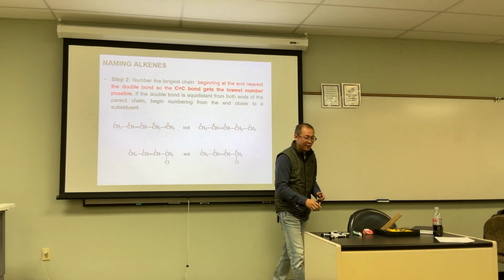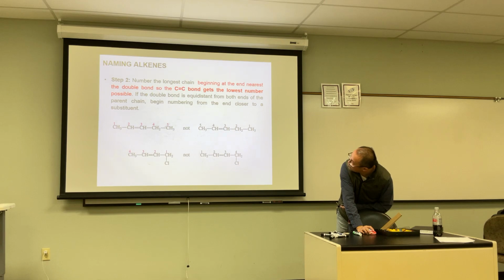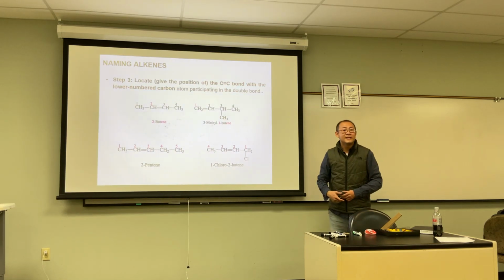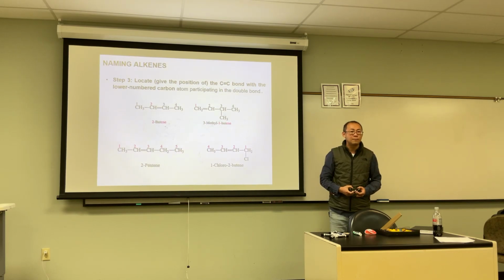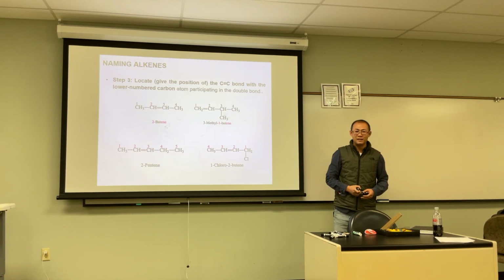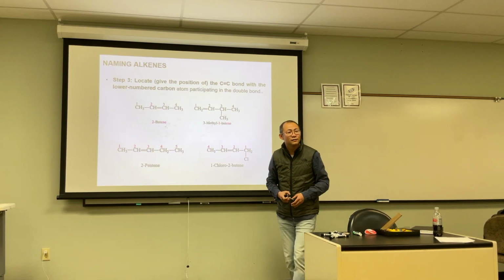Then, also very important, after you number the chain, use the lower number of the double bond to locate the double bond. What does it mean? Double bond, how many carbons? 2 carbons.